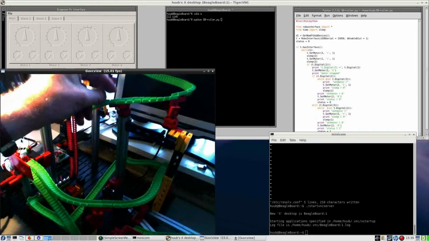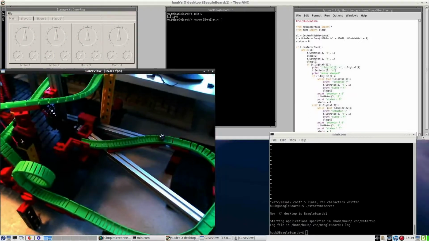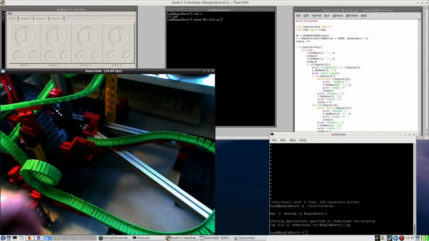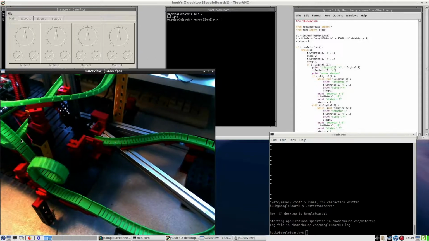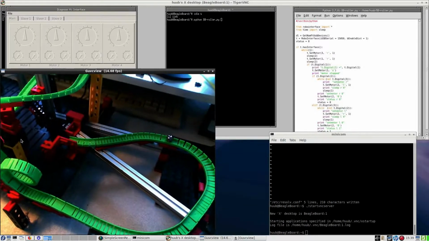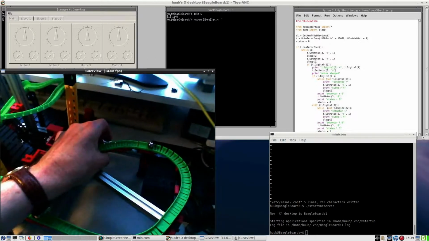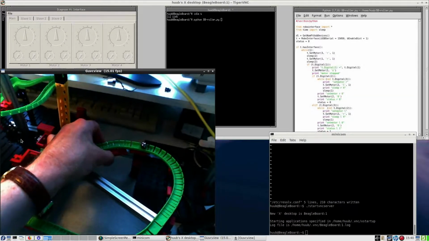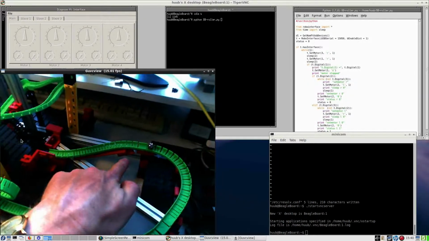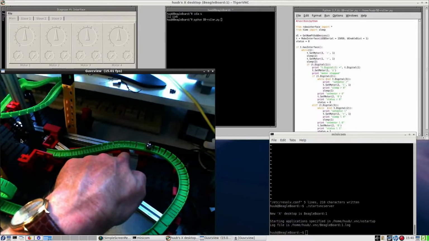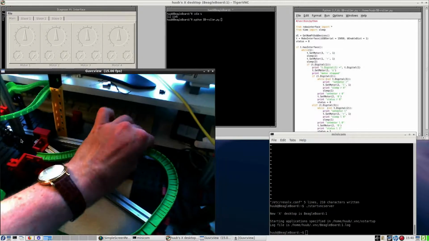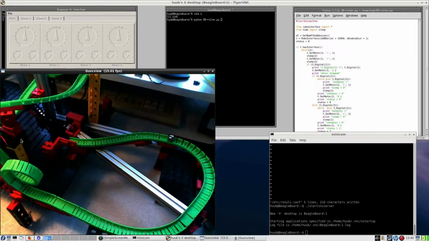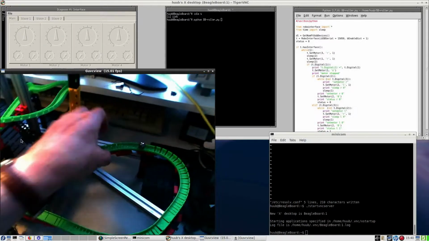So once again, I don't like this, so let's do it again. Right, I have changed this as well, so it has some angle. So let me run it again. What does this effect have? None.